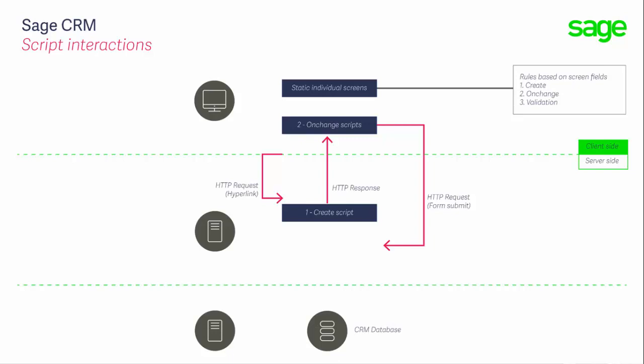In terms of the different types of script that we're interested in thinking about, controlling the behavior when the screen is changed into edit mode takes place. That is when we're thinking about something like an on-change script that will fire when it detects the value in a field has altered.